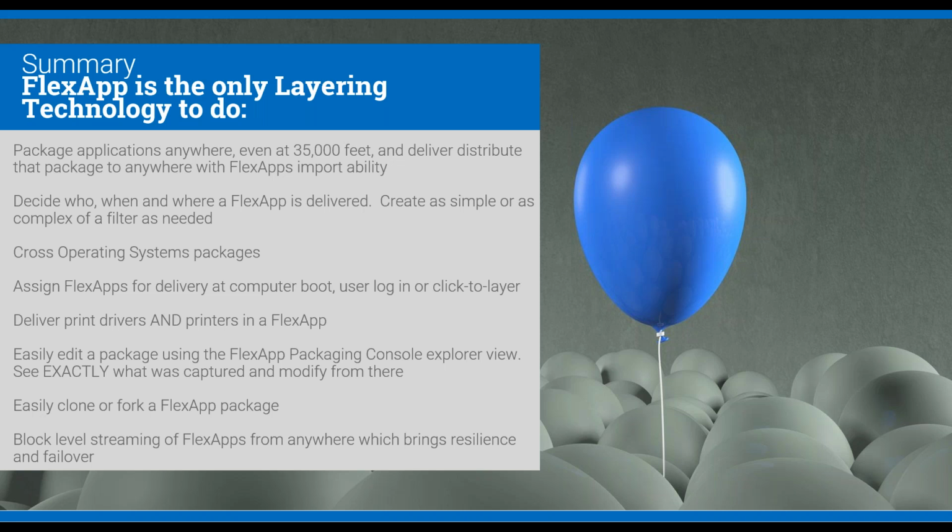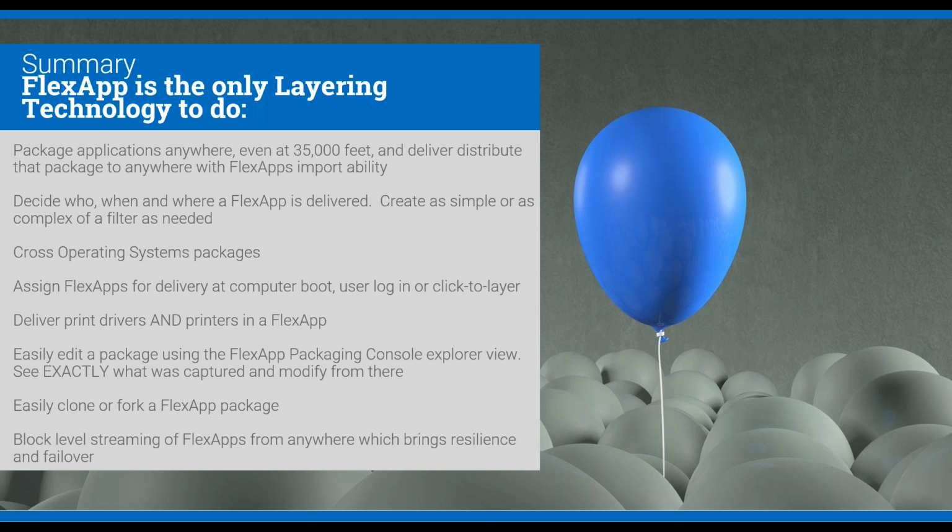They do not have an open connection to the VHD. FlexApps are VHDs in the end. They don't have an open connection constantly. So if the network goes down, blips out, whatever the case may be, there's resilience there. Basically, as long as there is not a call made to a block that is not on the endpoint, the user may never know the network went down, and they will continue to work and they will be happy.